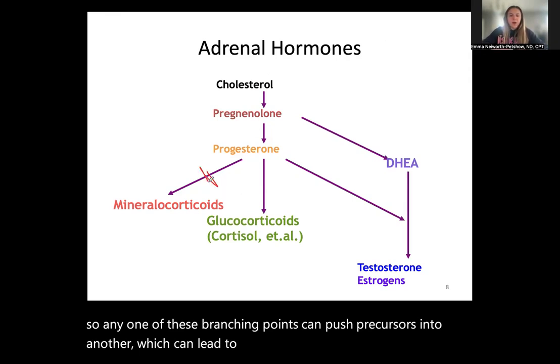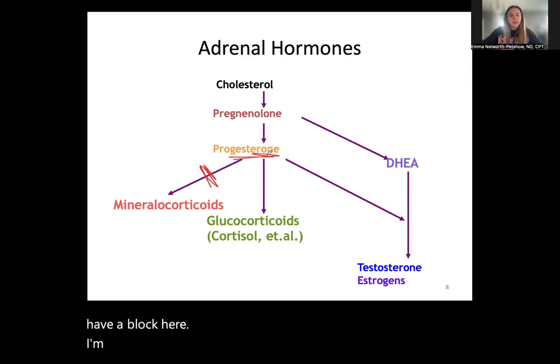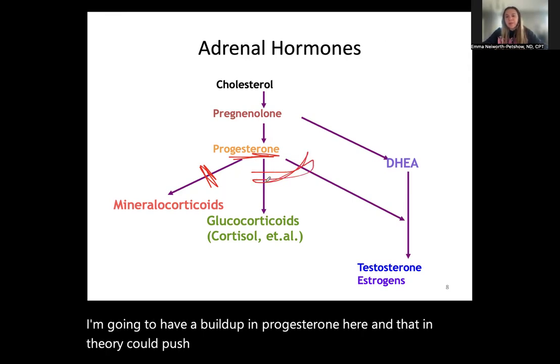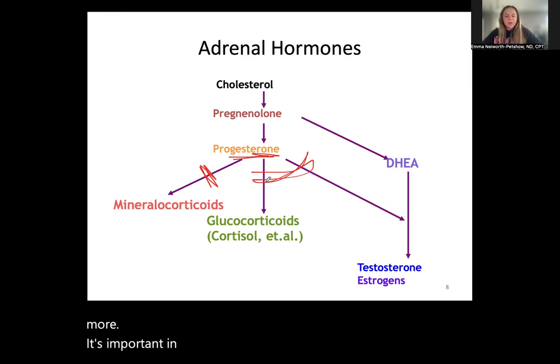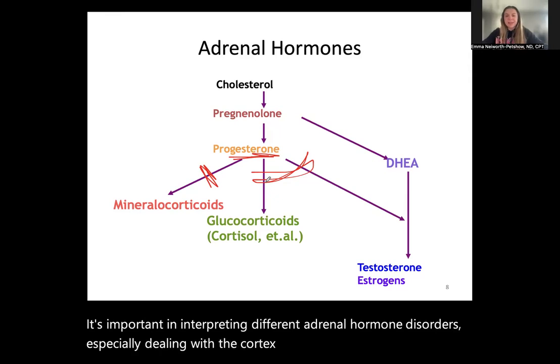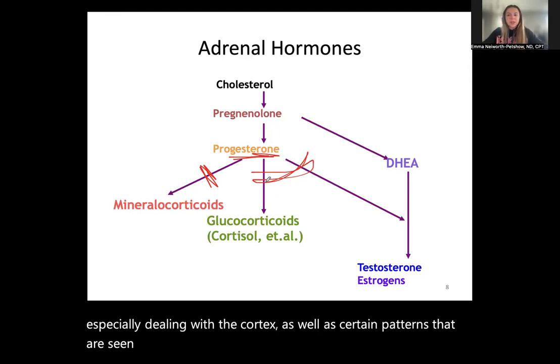For instance, if I have a block here, I'm going to have a buildup in progesterone here, and that in theory could push progesterone down these other two pathways more. It's important in interpreting different adrenal hormone disorders, especially dealing with the cortex, as well as certain patterns that are seen in different conditions, including conditions like PCOS, polycystic ovarian syndrome.